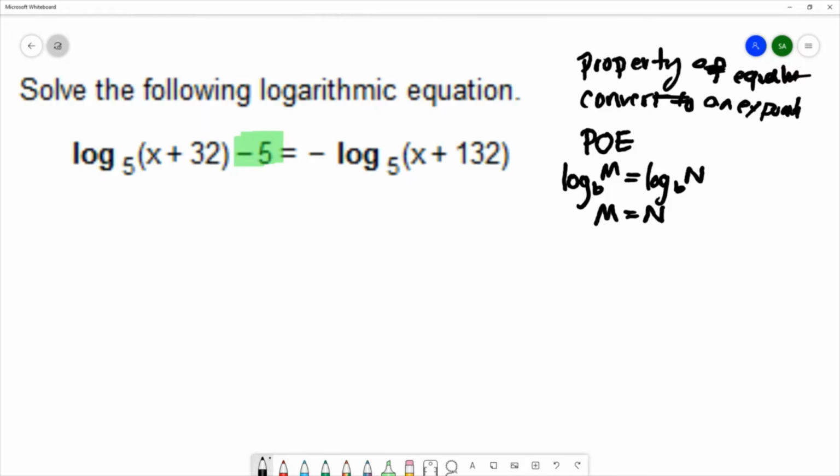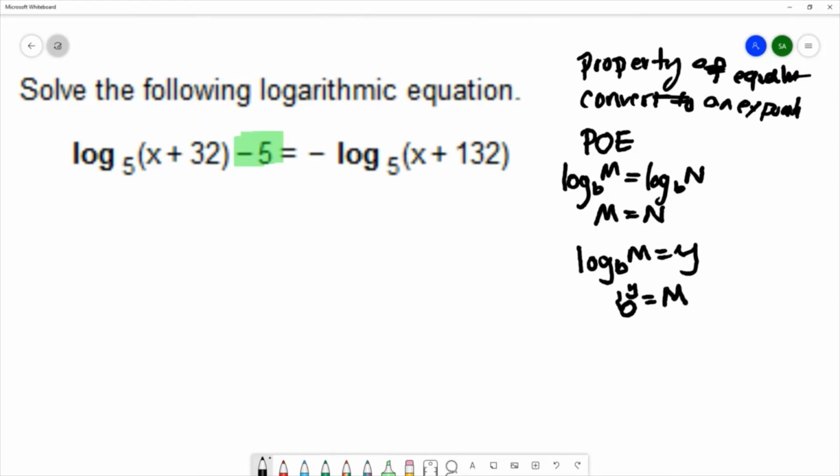So when you have a situation where you have log only on one side, you're going to convert that to an exponential equation. You're going to use the base. The base of the log is the base of the exponent. The log always equals the exponent, and this expression will equal what's inside the log.